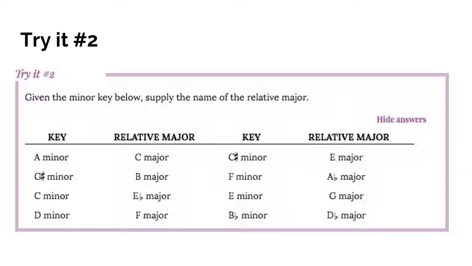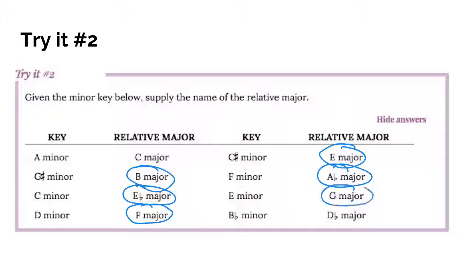So as you can see here, you had that first one given to you, A minor, C major, and then we have G sharp minor, B major, 5 sharps, C minor, which is 3 flats, E flat major, D minor, 1 flat, F major, C sharp minor, which has 4 sharps, E major, F minor, which is 4 flats, which is A flat major, E minor has 1 sharp, G major, B flat minor has D flat major, 5 flats.